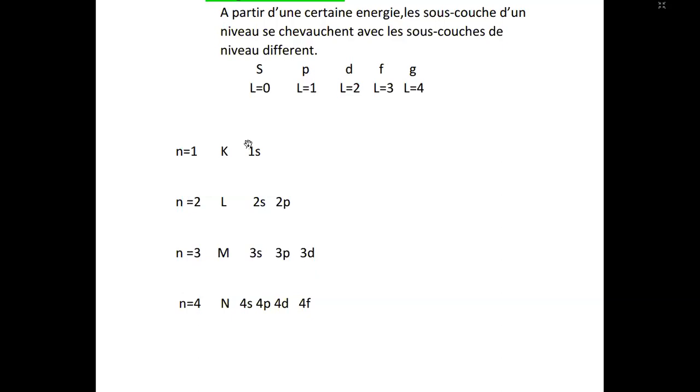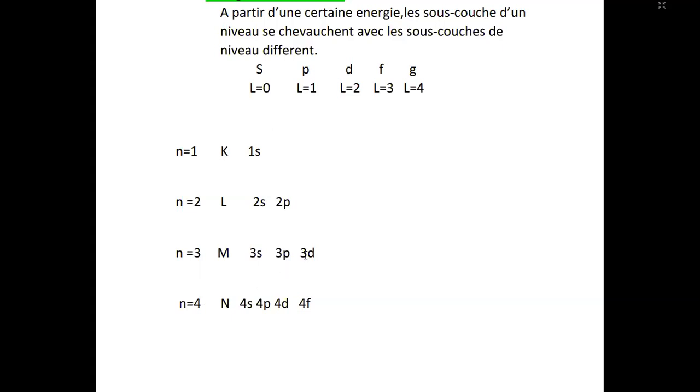I fill this one because it's less than that one, and even though it ties with the other one, its energy level is lower. Then after that I go to 3s, which is 3 plus 0. Then 3 plus 1 gives me 4, but 3 is less than the 4 of 4s, which is 4 plus 0, so I'll fill 3p first.